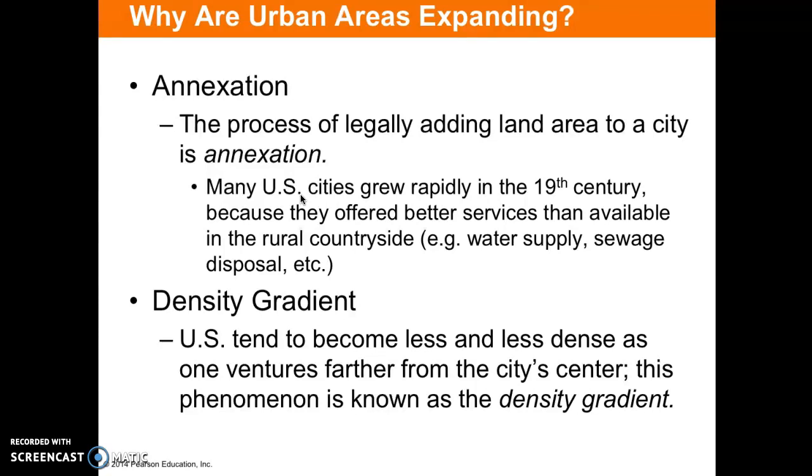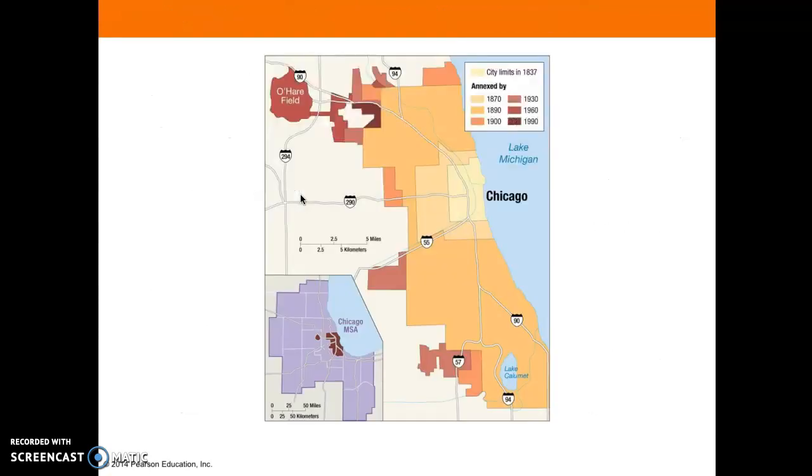As we look at the density gradient, the U.S. tends to become less and less dense as one ventures further from the city. This is known as the density gradient. So if you were coloring it in a map, you would see here is the densest area, and then there's less people living out here.